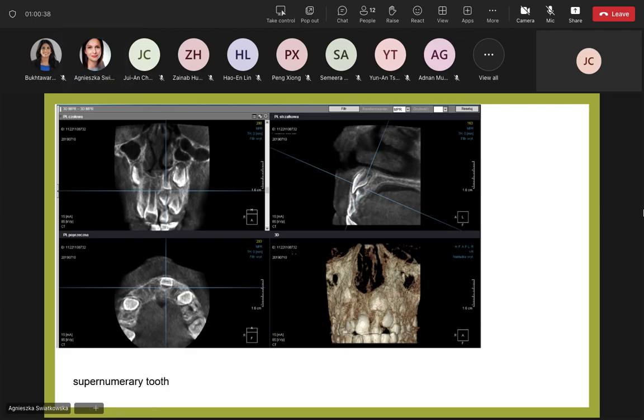It stops the eruption of the permanent tooth, but we don't know why, because we don't see this tooth on the orthopantomogram.